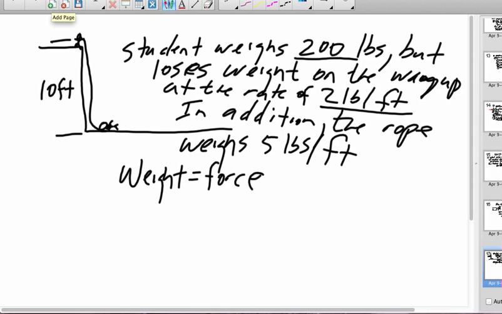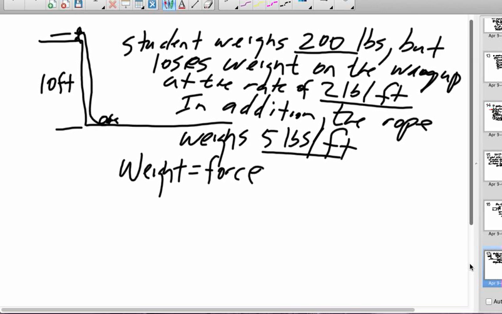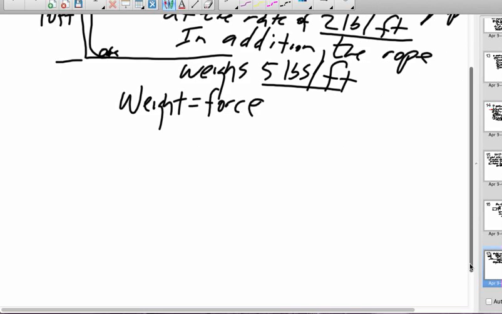Somehow or other, we're getting rid of some of this weight at 2 pounds per foot. Now, we also have the rope. It weighs 5 pounds per foot, but as we pull it up, I'm going to have less and less weight. So what you need to do with this then is to break this down into the individual components of your weight.